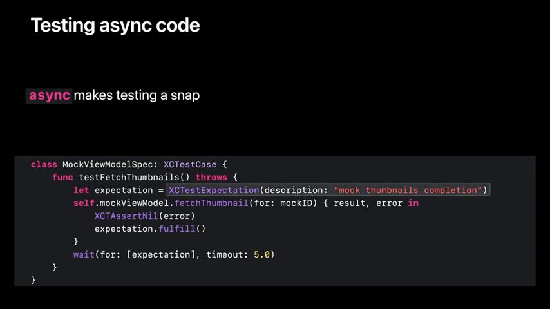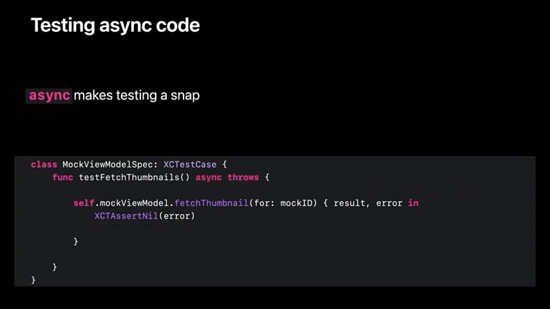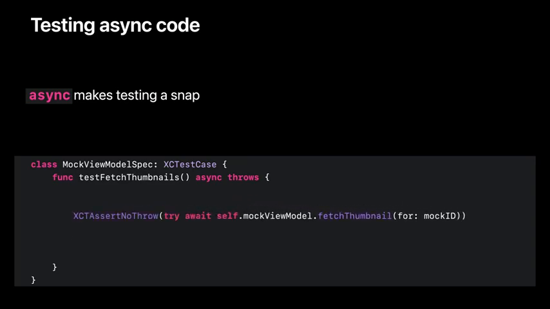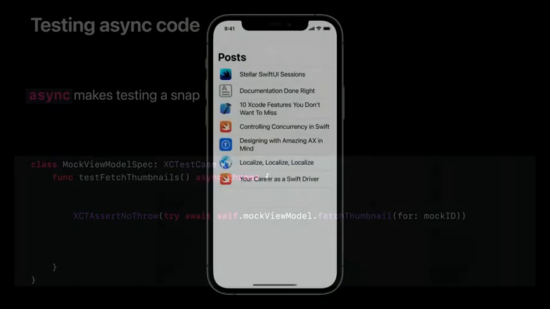What used to be a tedious process of setting up an expectation, calling the API under test, fulfilling the expectation, and then making sure to wait for an arbitrary amount of time becomes as easy as adding the async keyword to the test function, removing the XCTest expectations, its fulfillment, and the explicit wait, and instead awaiting the result of calling the new asynchronous fetch thumbnail function that Nate showed you earlier.